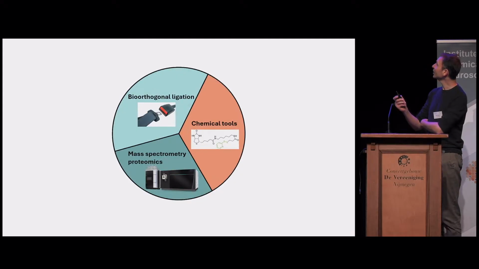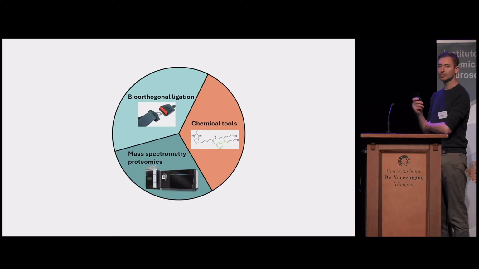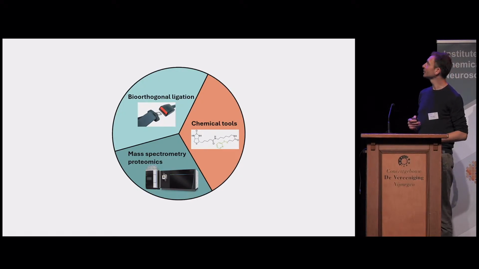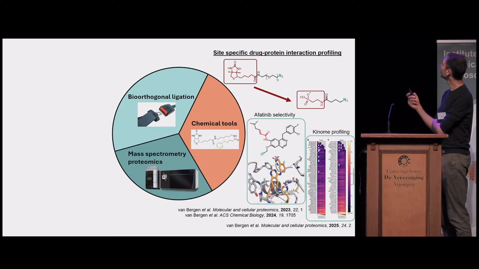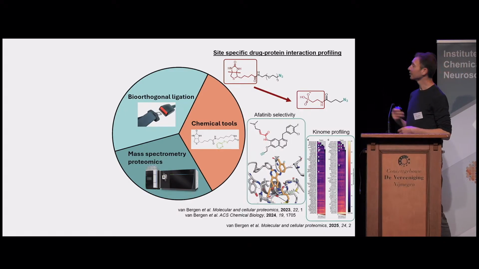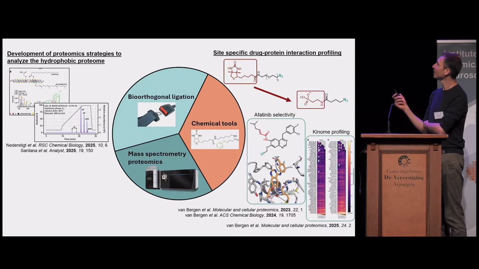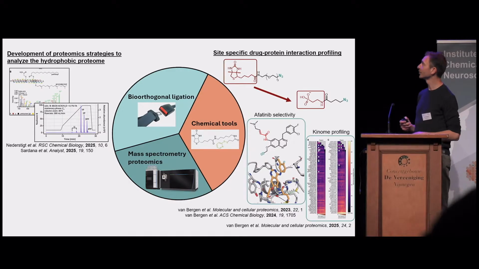My lab works at the interface between chemistry and biology, and we use mass spectrometry proteomics to study proteins and protein post-translational modifications. One part of our work is looking at the interaction of small molecules and drugs with proteins. What I'm going to talk about today is the lipidation of proteins, with a special focus on the brain.